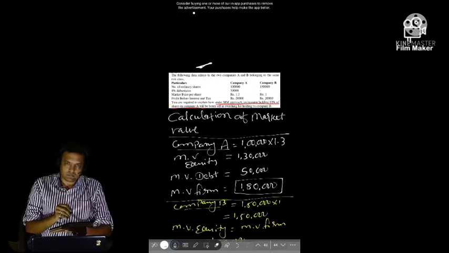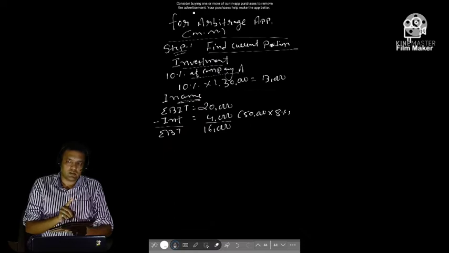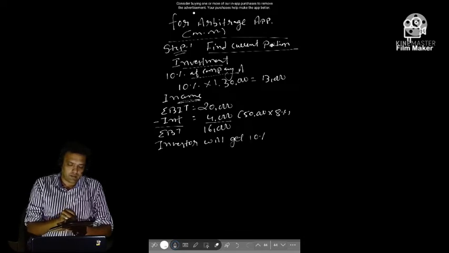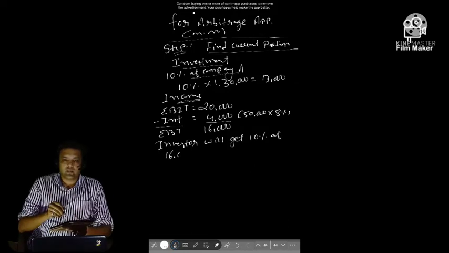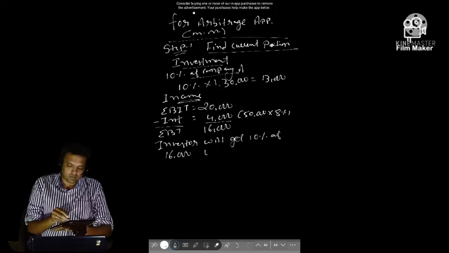From 20,000, the company will first repay the debenture holders. So let me write this EBIT 20,000, and from this I am repaying the interest burden first, which is 8% of 50,000, which is 4,000.